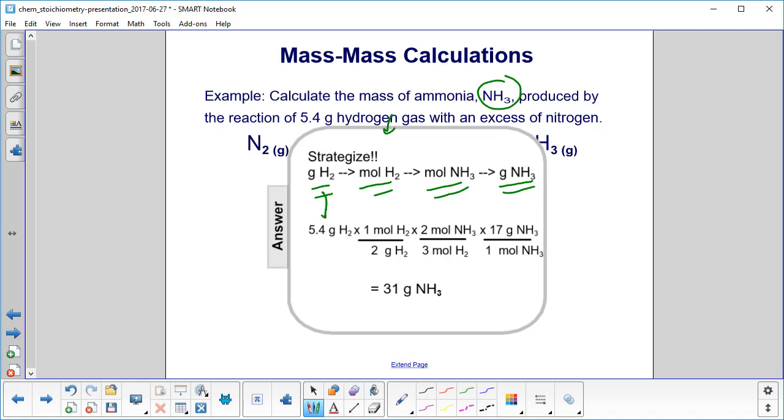So here's our grams of hydrogen. Here's our molar mass of hydrogen, 2 grams per 1 mole. Then you look at the balanced equation. There's 2 moles of ammonia for 3 moles of hydrogen. And then finally, back to the periodic table, the molar mass of ammonia, which is 17 grams. Multiply all those out, and you get 31 grams of ammonia.